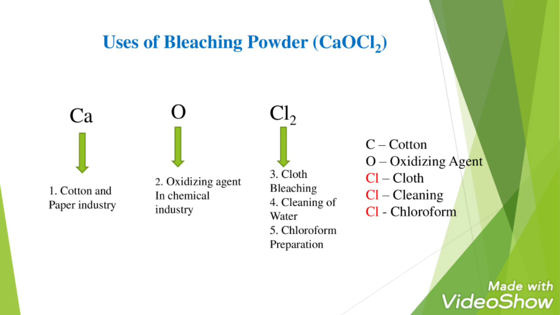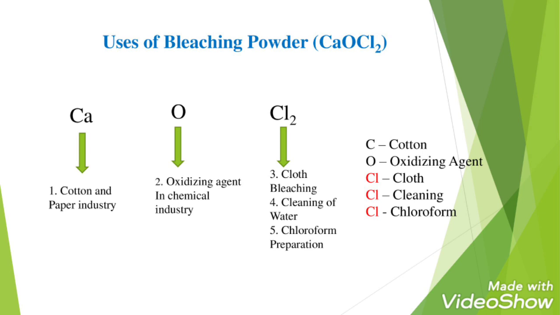Here on screen, on the right side you have 5 words, expanded forms. C for cotton, O for oxidizing agent, Cl for cloth, Cl for cleaning, Cl for chloroform.